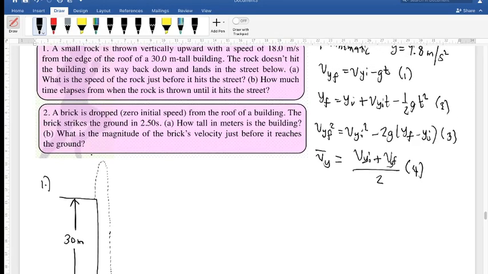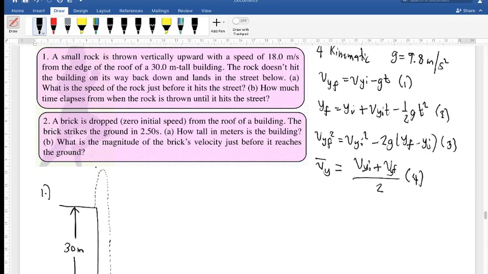Actually, we can divide our event into two. Event 1 is when the rock is thrown upward, and then at some point it will momentarily stop and go down. That is our event 2.